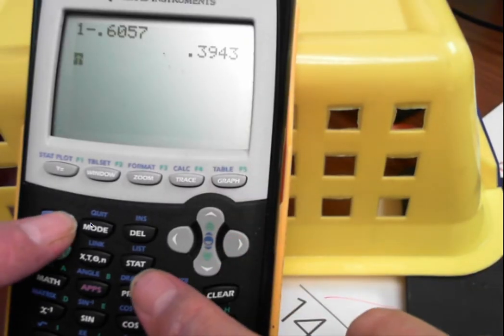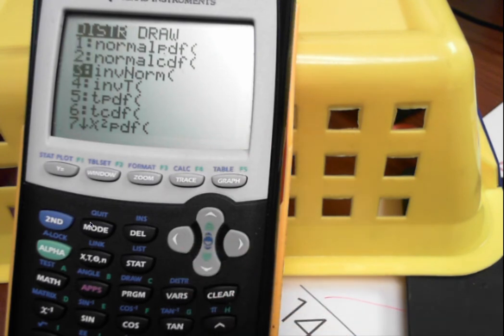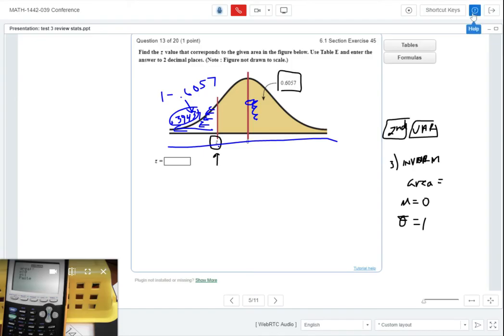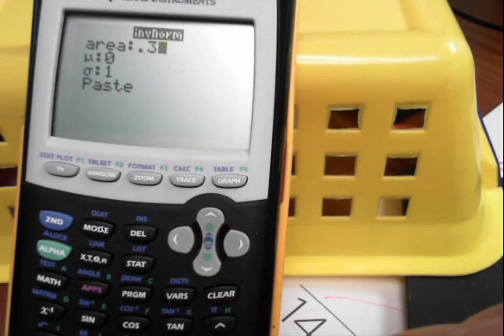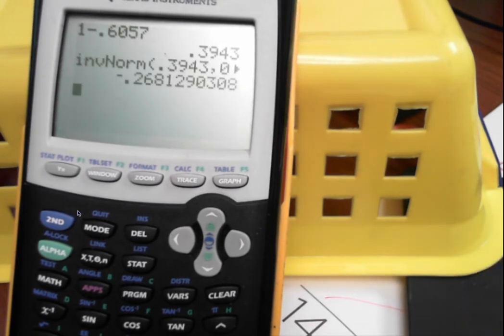I'm going to hit second vars, number 3, inverse norm. And the area is going to be what I said it was. 0.3943. All right. It's going to tell me my z-value once I hit enter again.